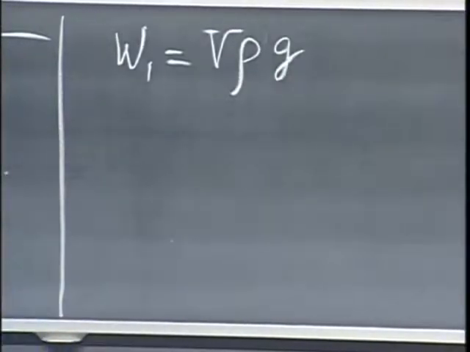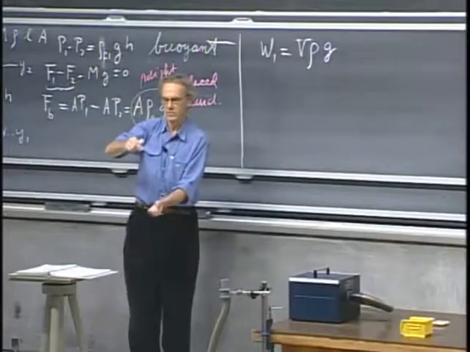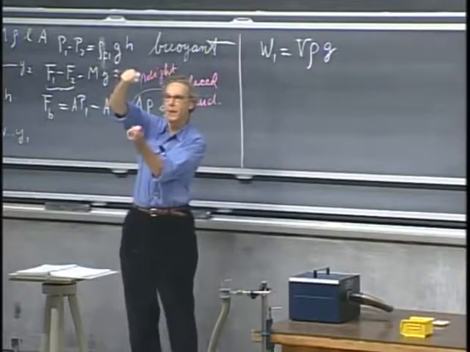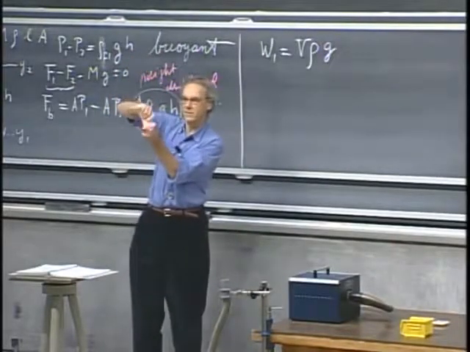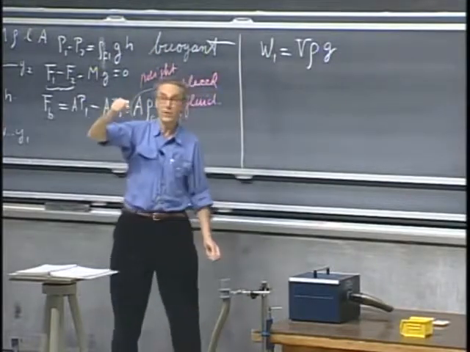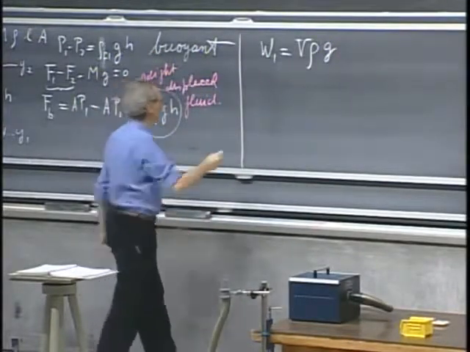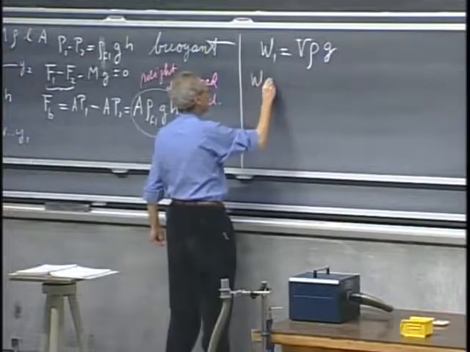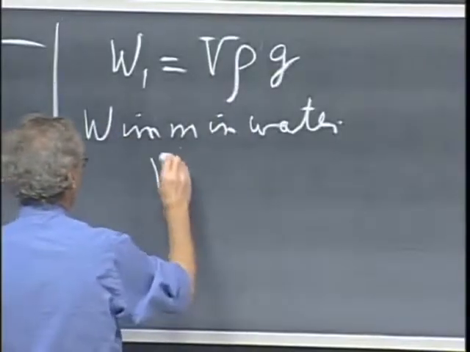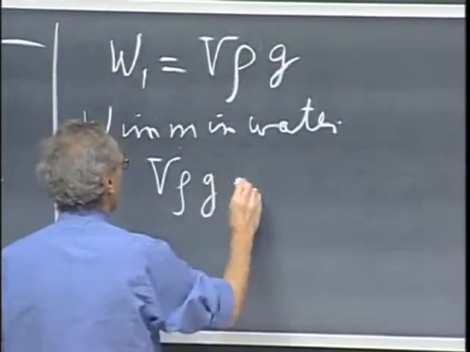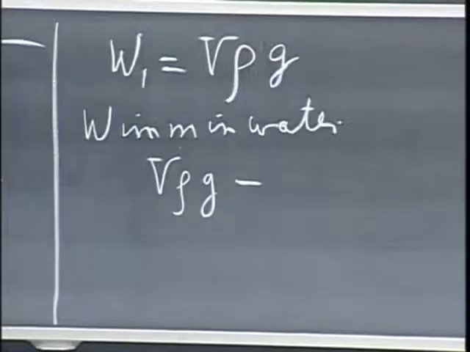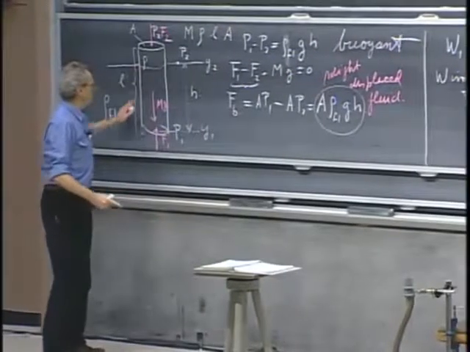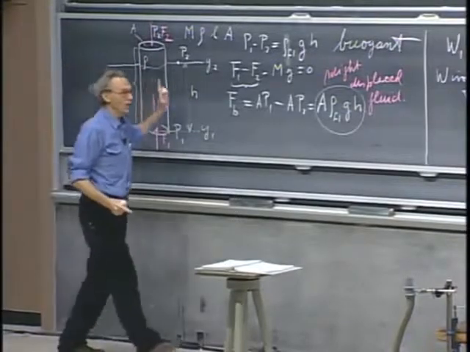Now he takes the crown, and he immerses it in water. And he has a spring balance, and he weighs it again. And he finds that the weight is less. And so now we have the weight immersed in water. So what you get is the weight of the crown minus the buoyant force, which is the weight of the displaced fluid.